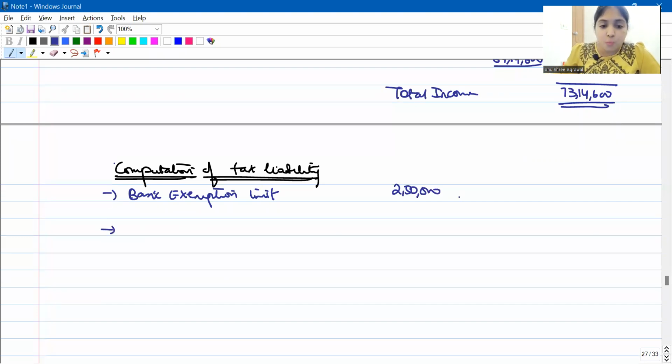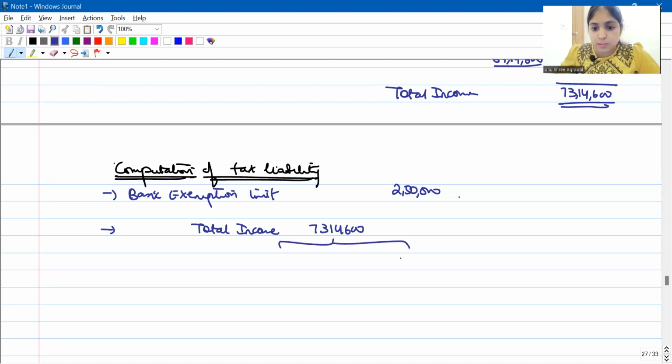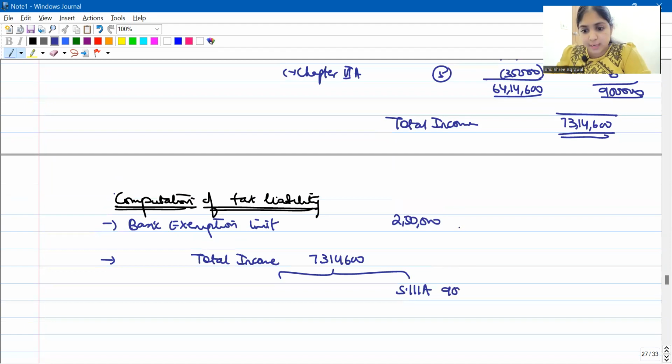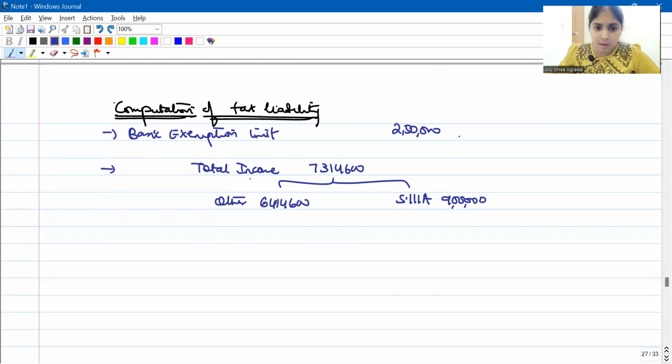Then what is my total income? Our total income is 73 lakh 14,600, which includes section 111A STCG of 9 lakhs, and then I have other income of 64 lakh 14,600. So I will utilize the full basic exemption limit against my other income first.